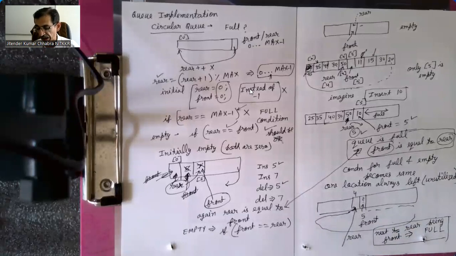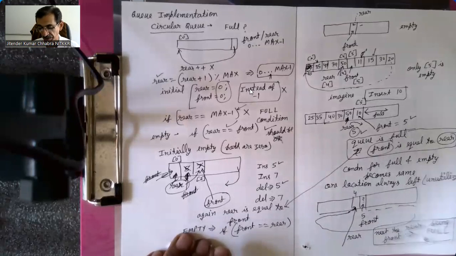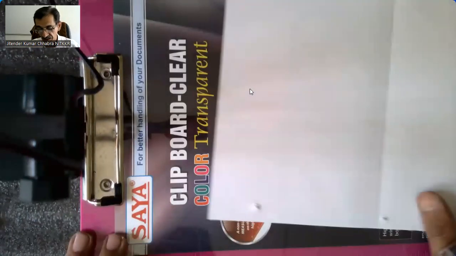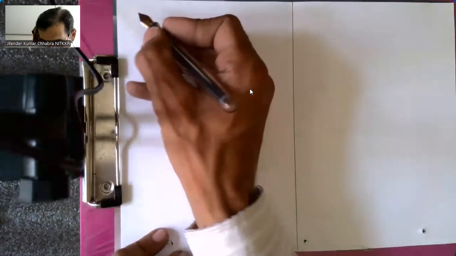Full means if I have max as 100, maximum 99 locations will be full and one location will be left empty. What does that mean? That means every time I will check whether I have reached, except one location, everything full or not.